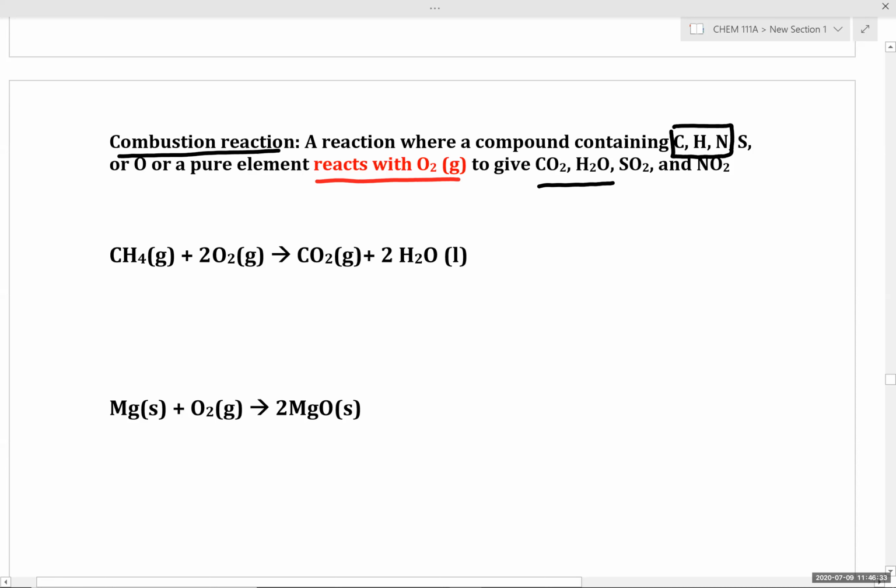So for example, combustion could be burning methane. We can also try to burn something like methanol in order to generate carbon dioxide and water.